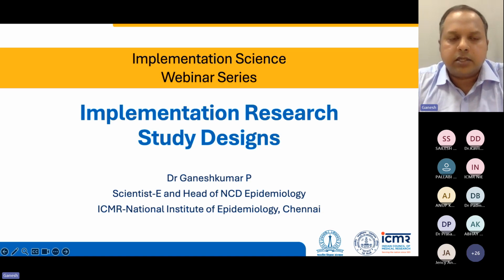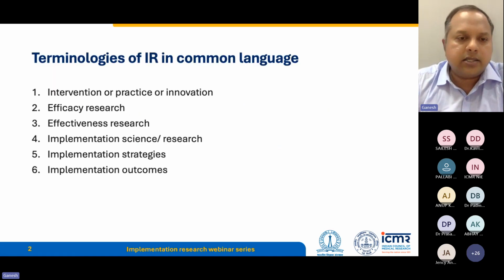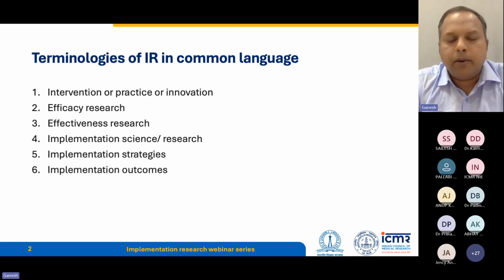Before heading towards study designs, there are certain common terminologies which often provide ambiguity and confusion, and lead to various discussions and debate among implementation research circles. I'm going to adopt a common language related to these important terminologies, which will be very useful in trying to understand the implementation research designs.